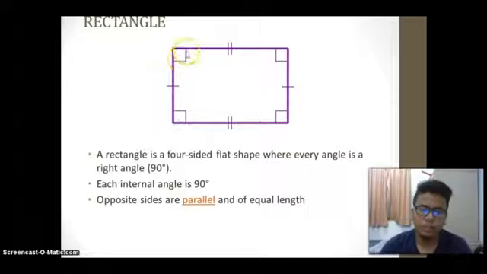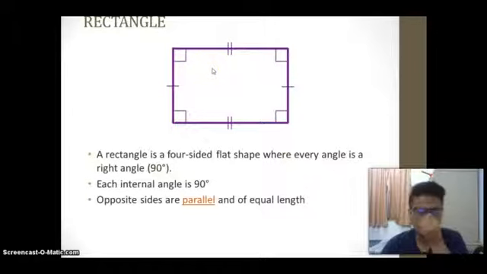So this diagram is a picture of a rectangle. We can see that all 4 angles in the rectangle are 90 degrees. This square shape represents a right angle, which means the 90 degree angle.